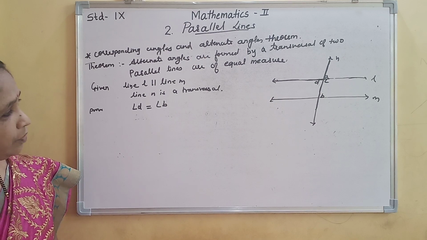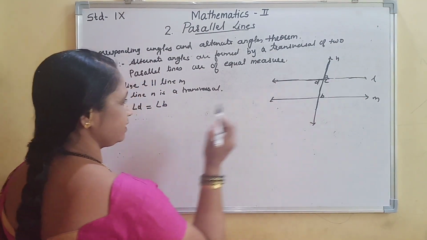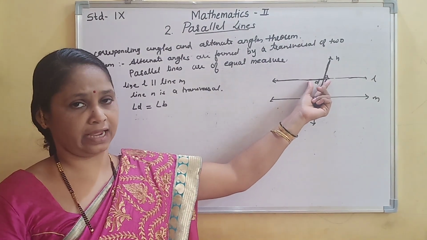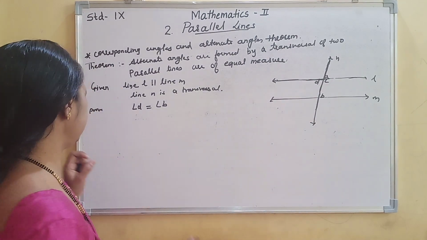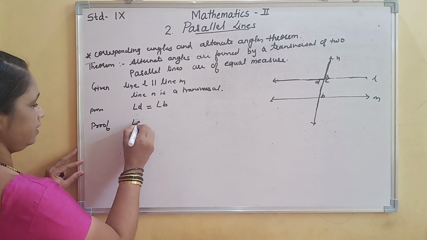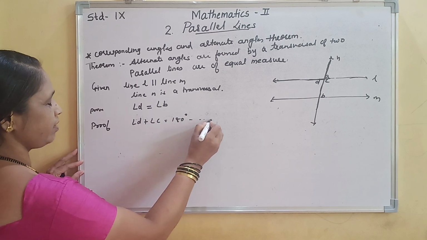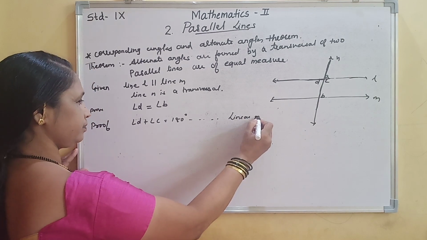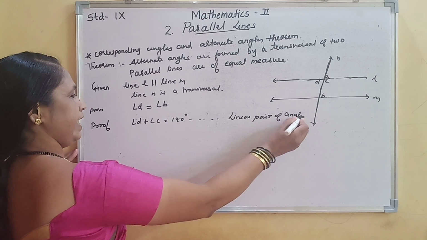Then here also what can we get? See, if you consider this line and this line, these are linear pairs of angles. Angle D and angle C are linear pairs of angles. So what can we do? Proof: angle D plus angle C is equal to 180 degrees. Why? Linear pair of angles.